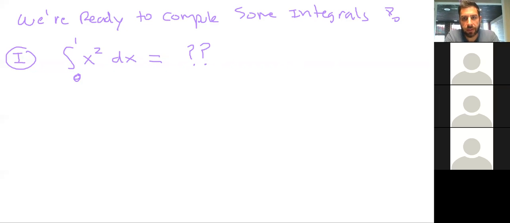Maybe your favorite is the left. Maybe your favorite's the right. Maybe your favorite is the midpoints. I don't care what Riemann sum you want. There's infinitely many you can choose, but you've got to pick one and stick with it. I like to choose the right Riemann sum because it's the easiest one for me to remember. So here we go.